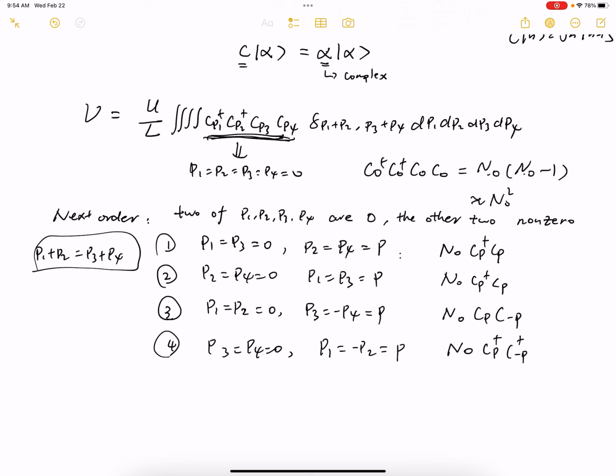I'm writing this term in all these 4 different cases, because the next order requires only 2 of the P's to be equal to 0.